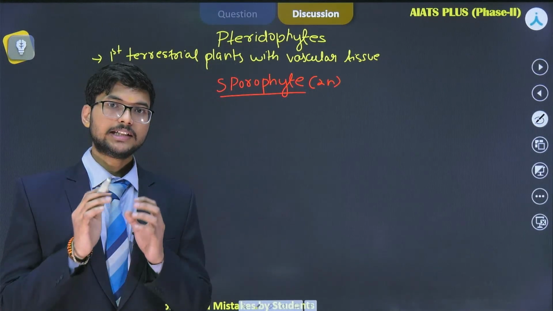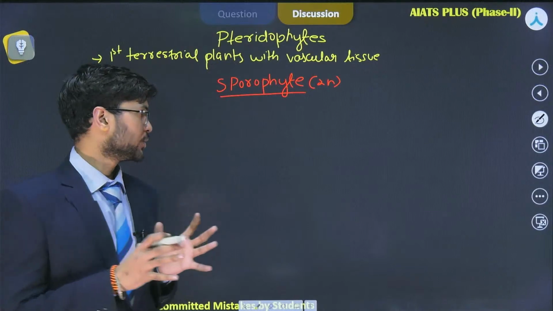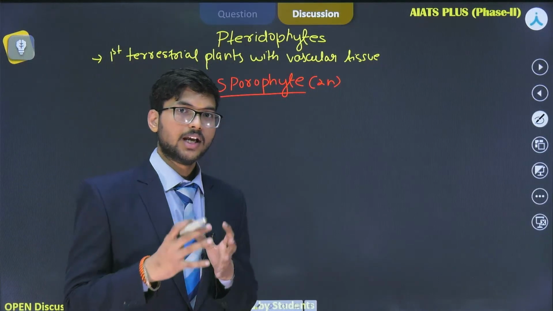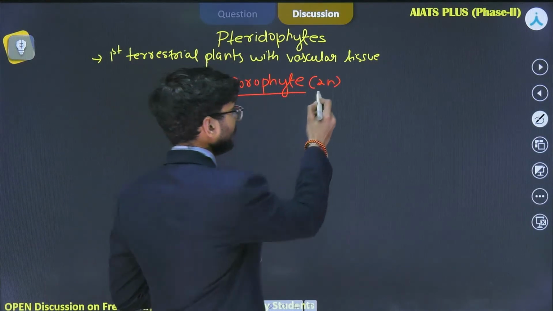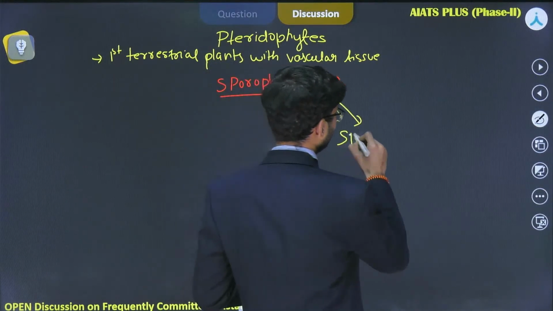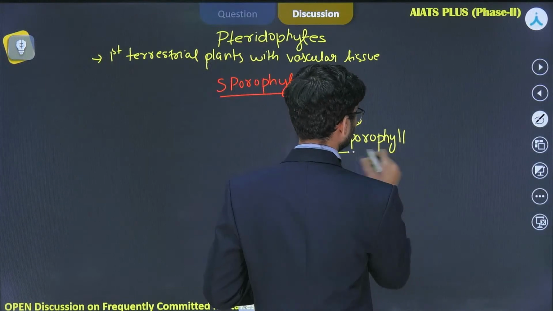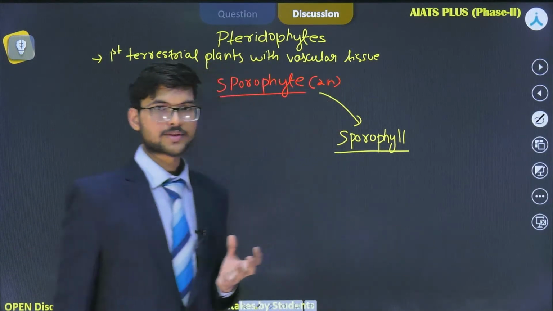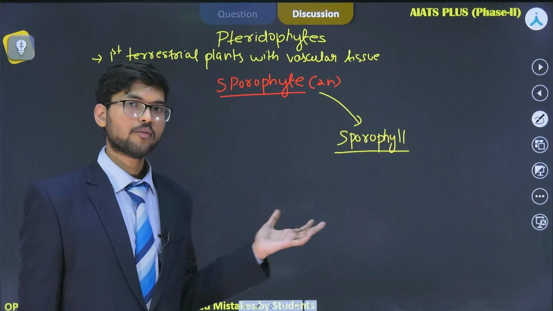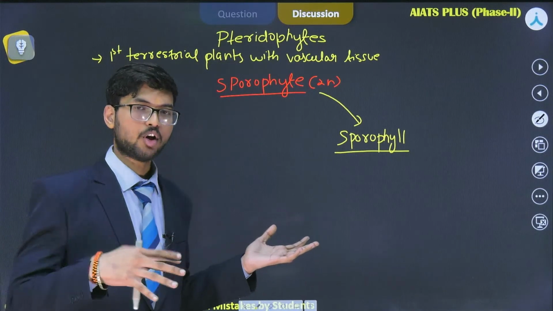Okay, and the sporophyte is also carrying sporophylls. Now these sporophylls consist of spores. The sporophylls are present either on the leaflets or the leaves.